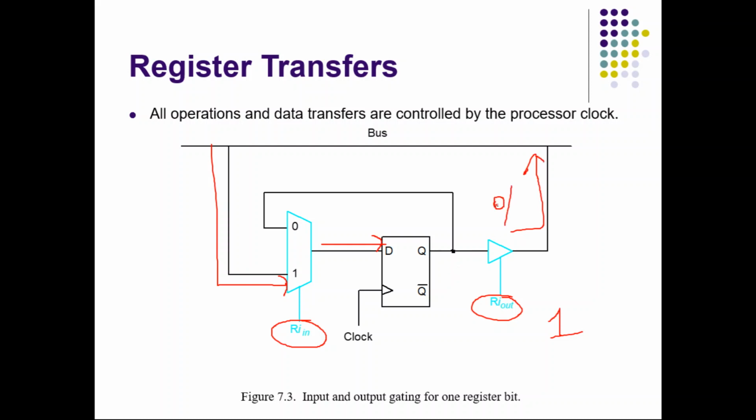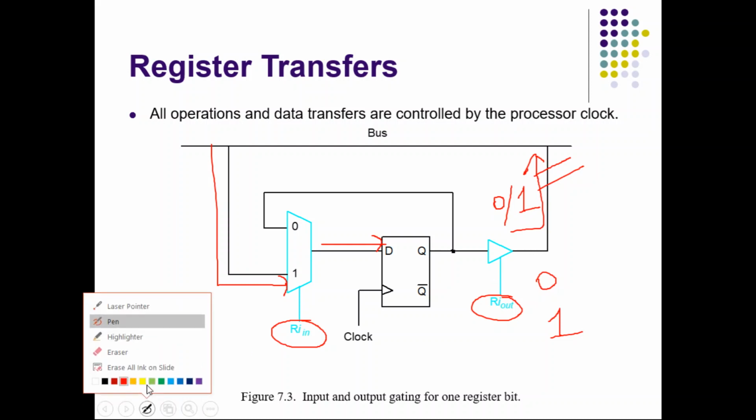If it is 0, it will write 0 to the bus. If it is 1, it will write 1 to the bus. If Ri out is 0, then it means that this is electrically disconnected from the bus. Nothing is happening, the circuit is disconnected. Ri is no longer connected with the bus. So this is how it is internally done.